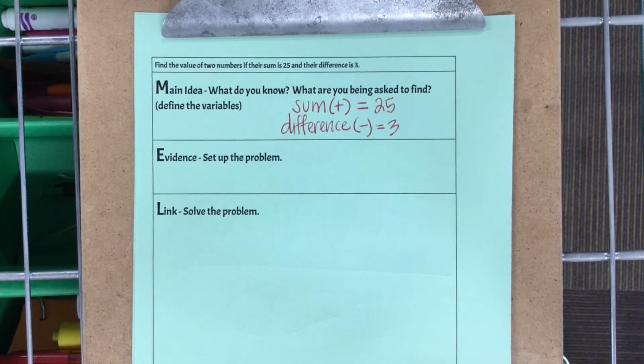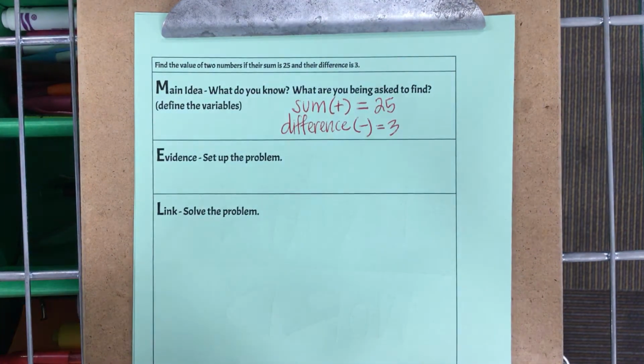And now it says, what are we being asked to find? That means define the variables. How many variables do there have to be? Two, because that's the way a system works, right? We're going to assign names to those variables. What am I trying to figure out?